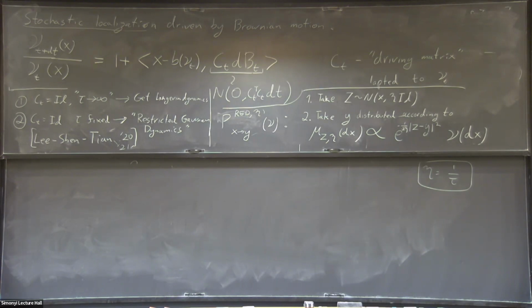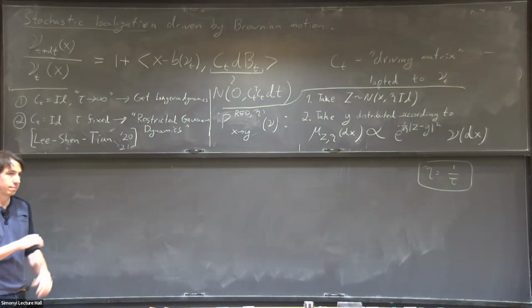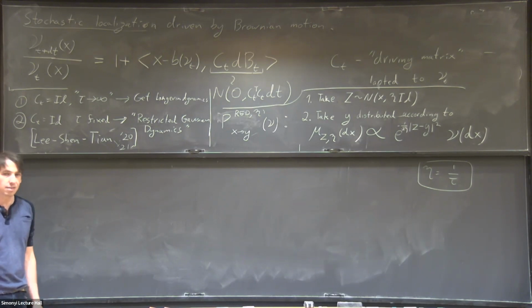I wanted to do some of this, but I don't have time. If you have a bound on this, you can have better control of the probability of elements you start with, and this gives you optimal mixing times. But I'm not going to touch that.